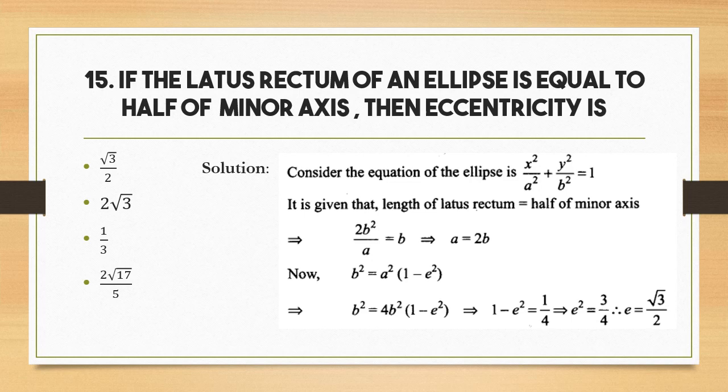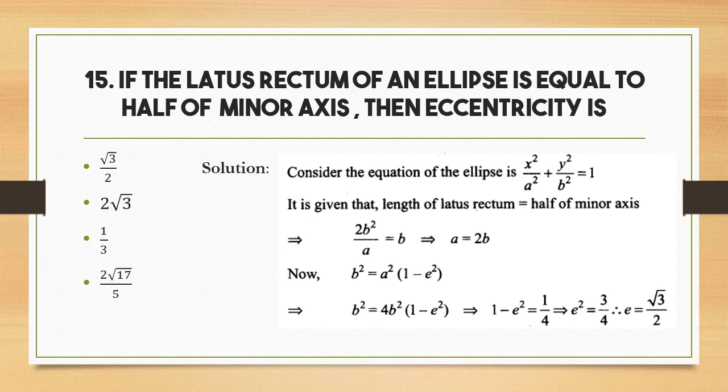Now I want eccentricity, so I cancelled b square on both sides. I got 1 minus e square equal to 1 upon 4, e square equal to 1 minus 1 upon 4, which is 3 by 4. But I want eccentricity, therefore e is root 3 by 2. If you observe the options, root 3 by 2 is in the top position, that is option A. Therefore, for this particular question, option A will be the right answer.